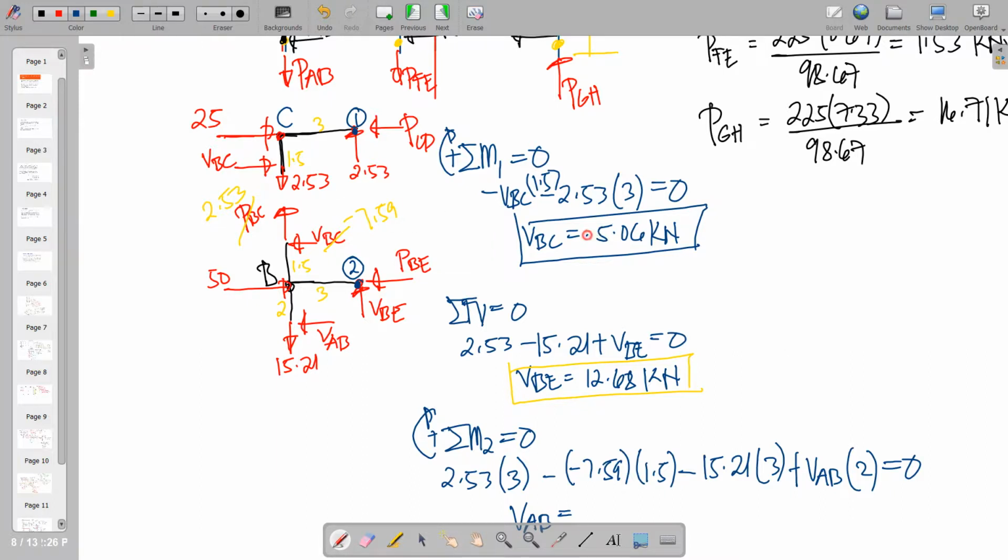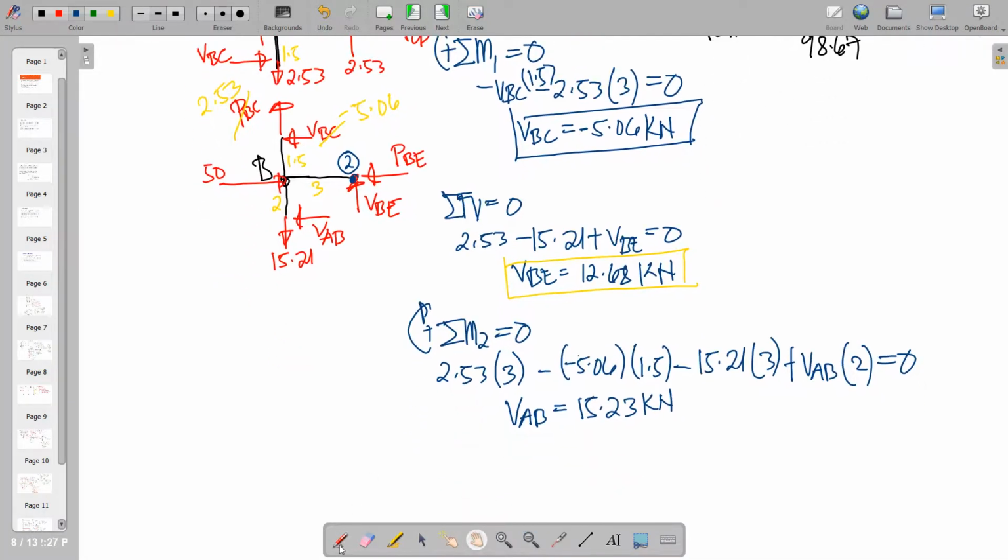This is negative 5.06. This is 5.06. Hence we have 15.23 kilonewtons.